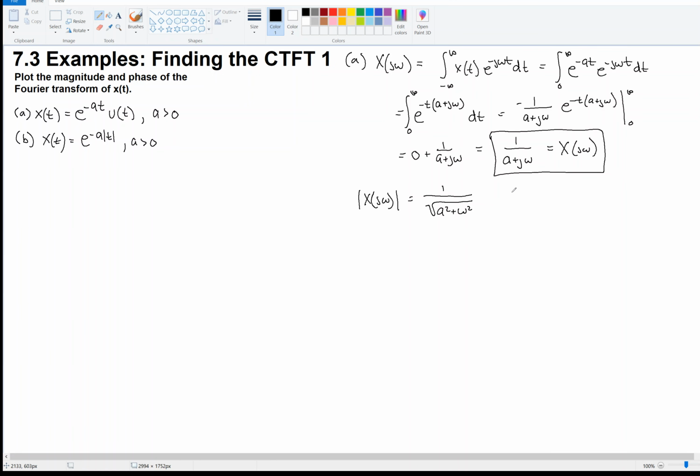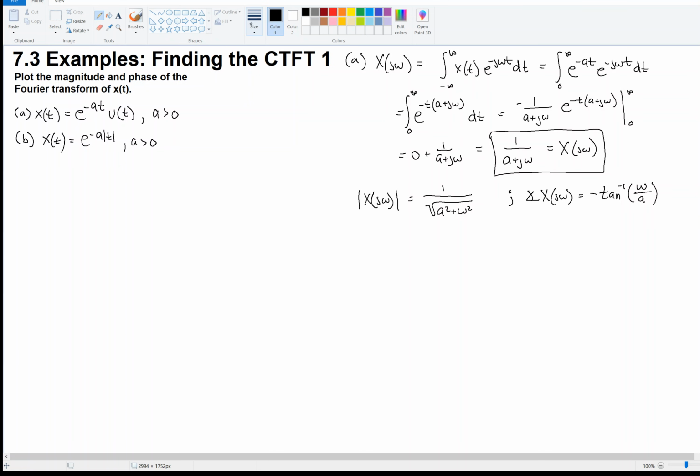And then let's talk about the phase of x of j omega. The phase of the numerator is 0 minus the phase of the denominator, and the phase of the denominator is the inverse tangent of the imaginary part over the real part, omega over a.